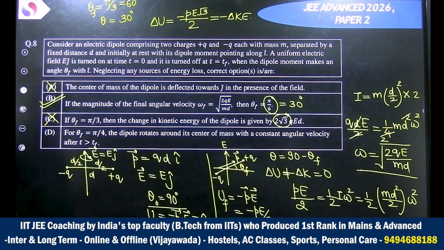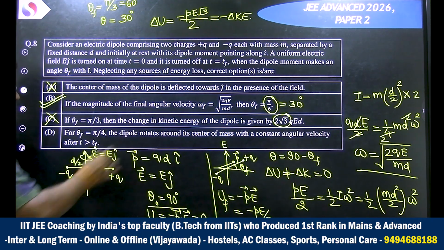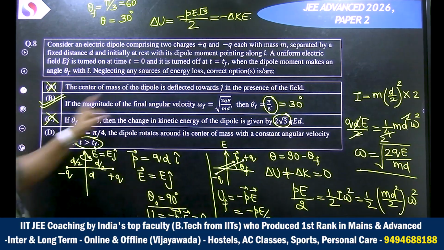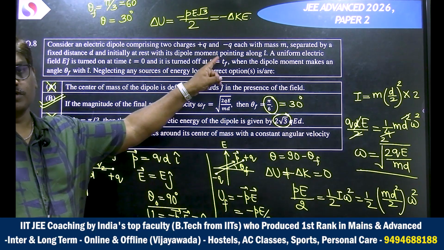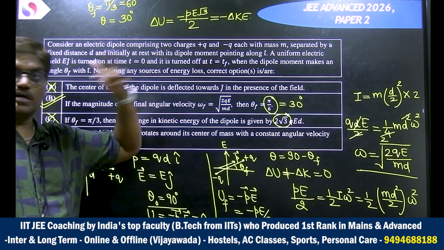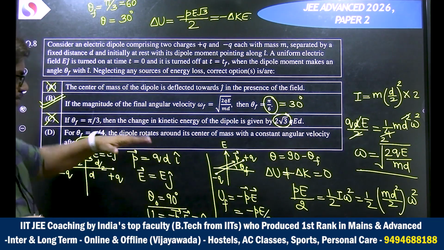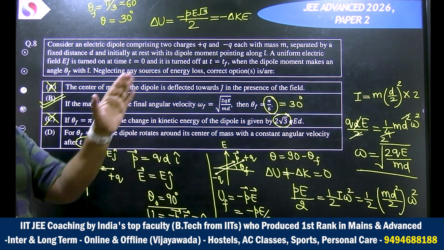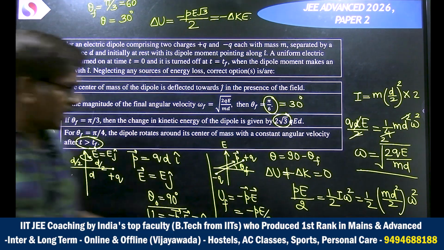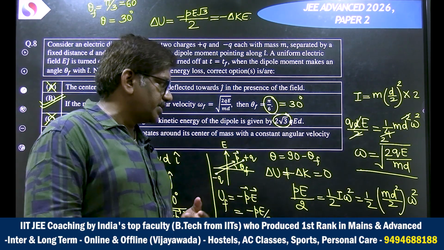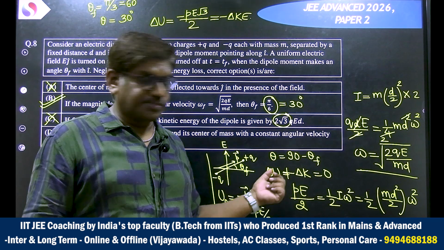Then they are saying for theta equal to pi by 4, the dipole. They are talking about the time after T final. After T final, the electric field is switched off. That means till that time the dipole will get some energy, and after that there will be no torque and no potential energy changes, because of the absence of the electric field.